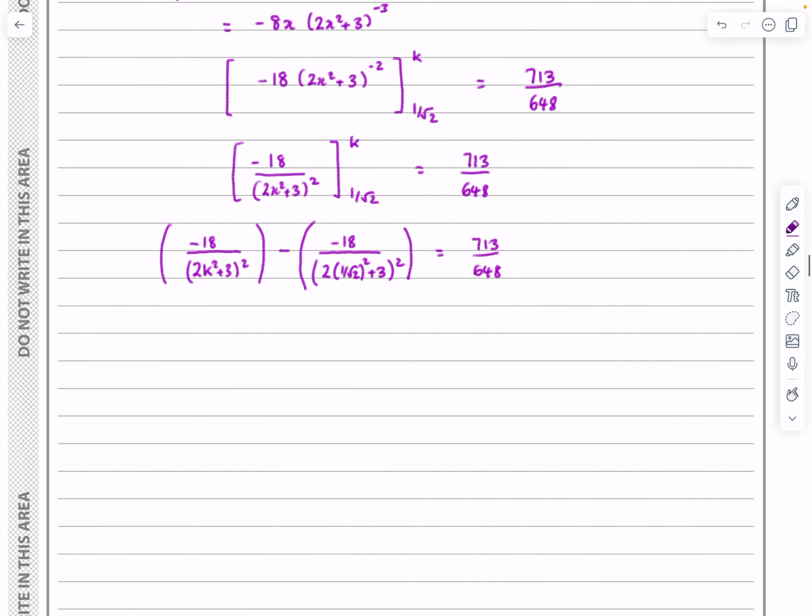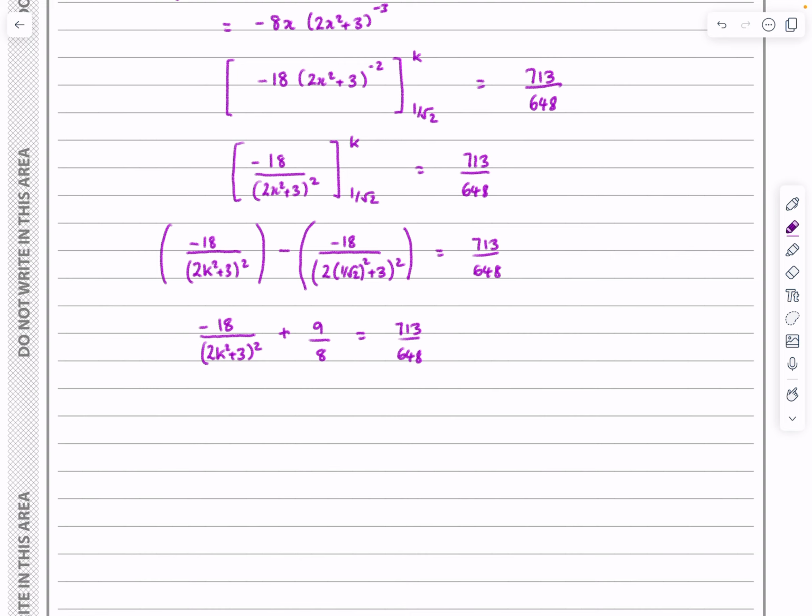Well, the left hand one I'll leave as it is. The right hand one there, we can actually work out as a value now. And I say, I'm going to rush through this a little bit, otherwise the video is going to be way too long. So that actually works out to be plus 9 over 8 here is equal to 713 over 648.